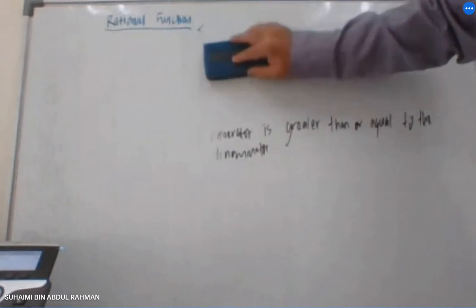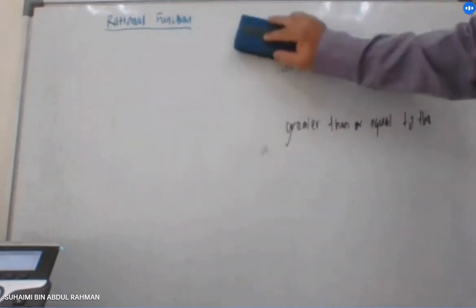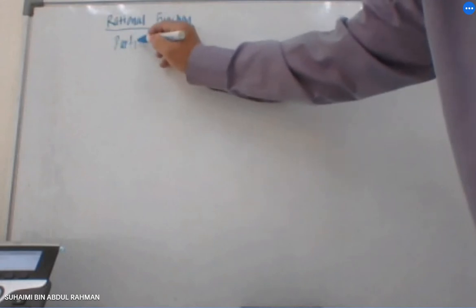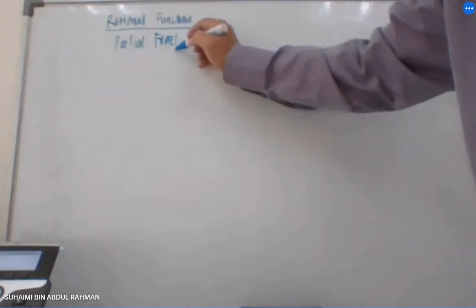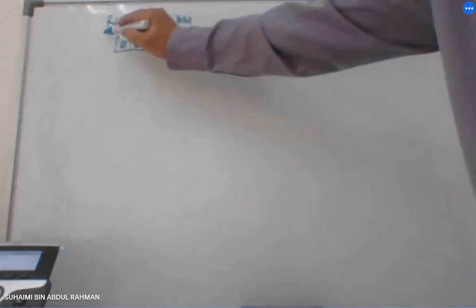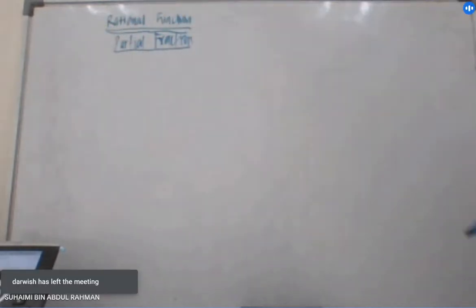So it will lead us into what we call partial fractions. Partial fractions. This is under rational function. So we will decompose a rational function into partial fractions.